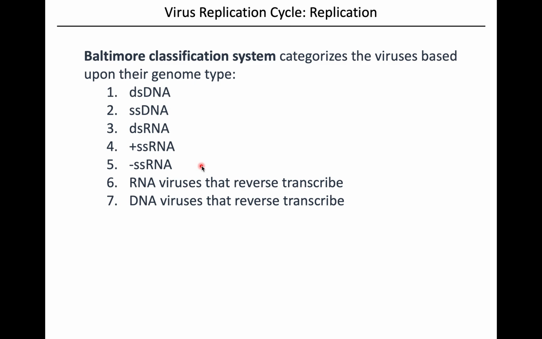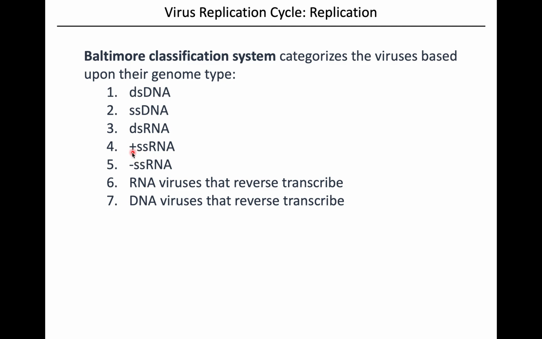And you may remember in chapter 2, I mentioned the Baltimore classification system, which primarily, but not exclusively, categorizes viruses based on their genome type. We have these 7 classes: double-stranded DNA, single-stranded DNA viruses, double-stranded RNA viruses, and then we have plus or minus single-stranded RNA viruses.